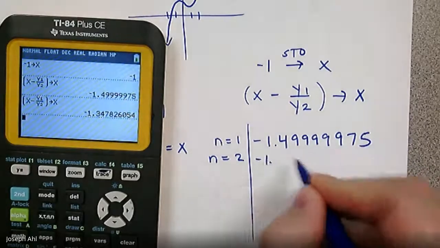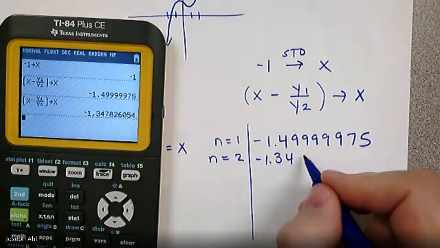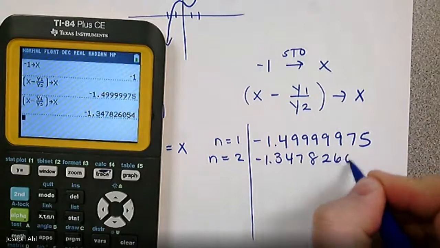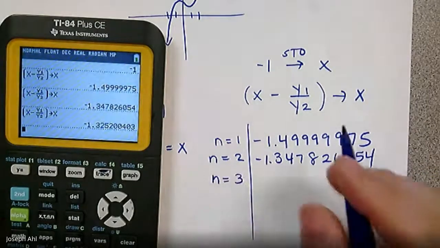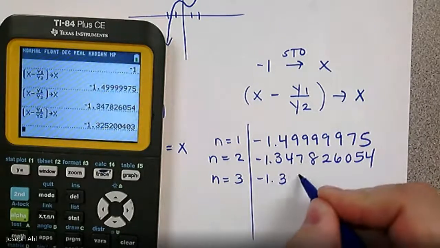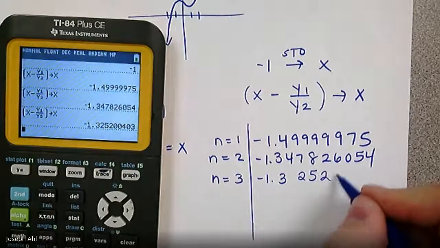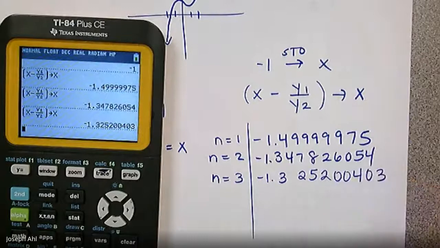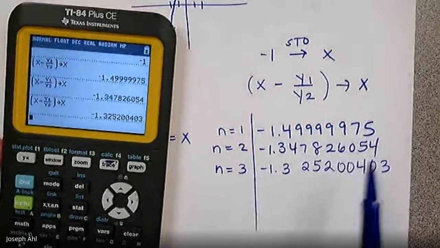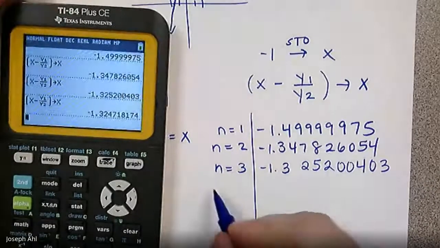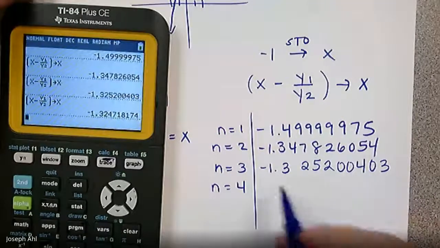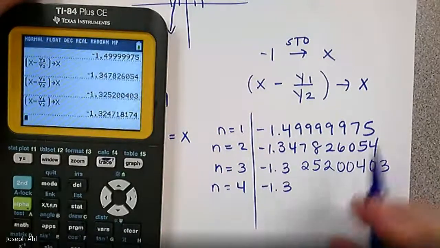So now we've got negative 1.3478260054. Keep going. For n equals 3, we get negative 1.325200403. So what we're looking for is for two successive approximations to differ by usually less than 1/10,000th. It will be specific enough on the test that you will know when you should stop with your approximations here.